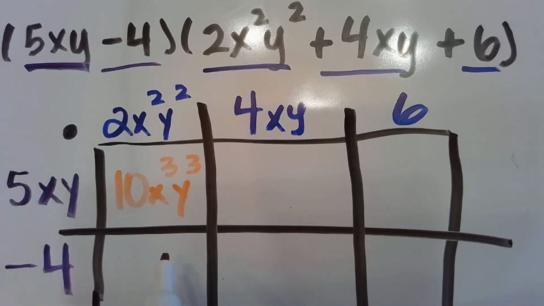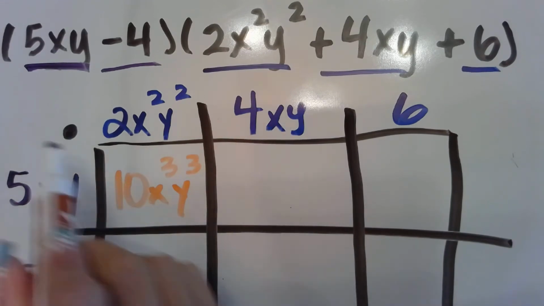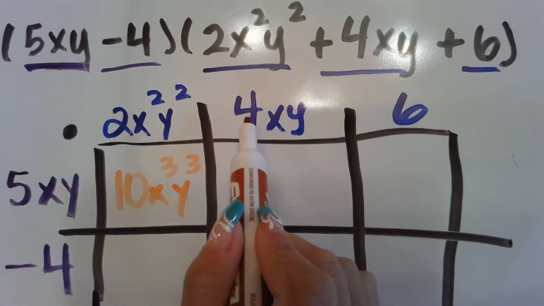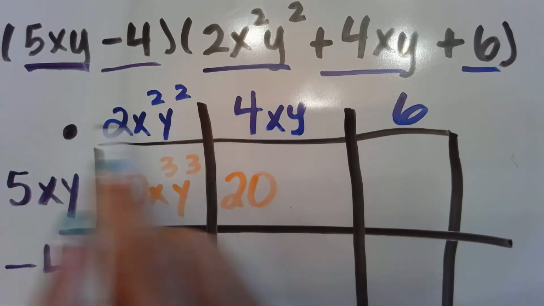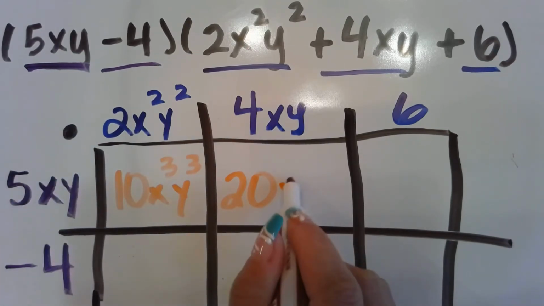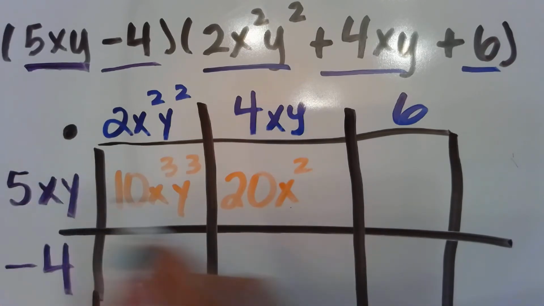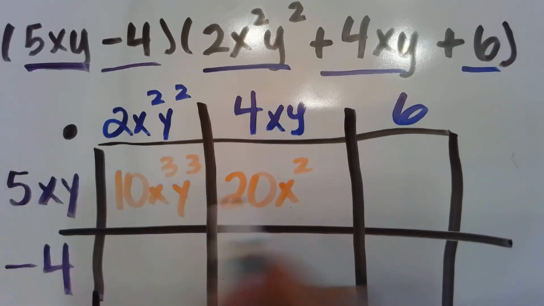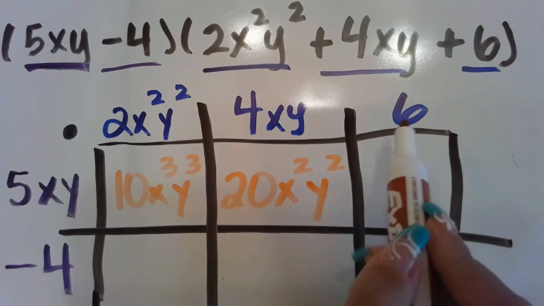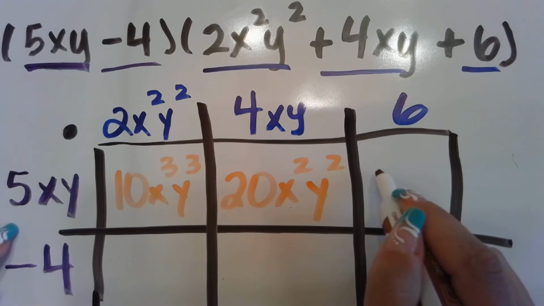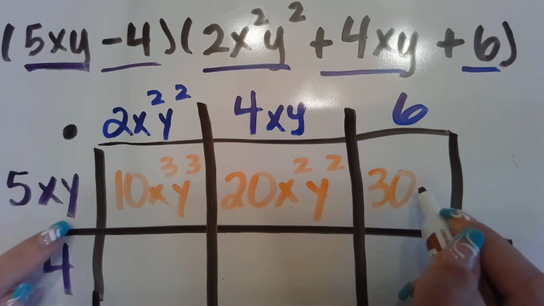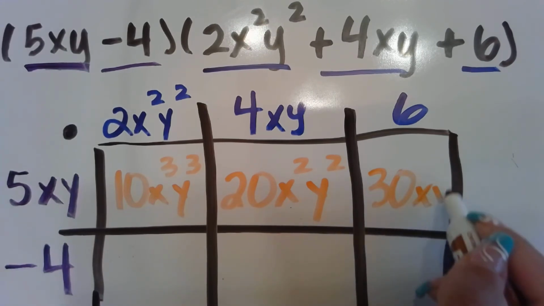Okay? 4xy times 5xy, so 4 times 5 is 20. X times x is x squared. Remember, there are 2 x's, so x squared. Y times y is y squared. Now 6 times 5xy, so 6 times 5 is 30. And then we have x and y. So we're going to put our x and y here.